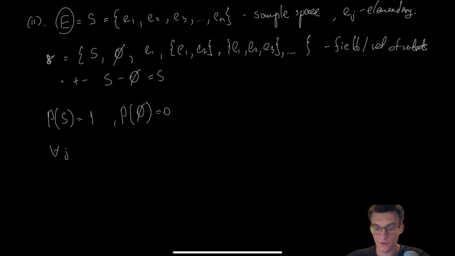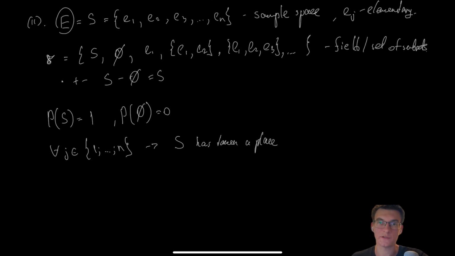For every i belonging to the set from 1 until n, it will be obvious that the set S has occurred. That event S, the sample space, has taken place. Taken place means occurred, if conditions epsilon are realized. That's it, if the conditions of our experiment do not change.